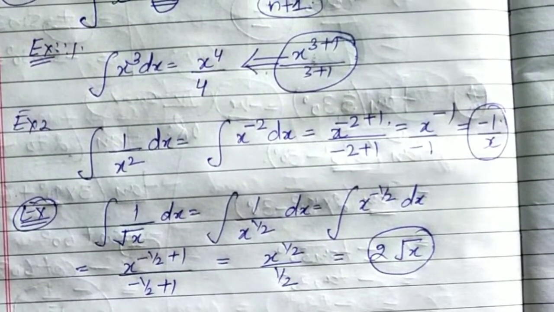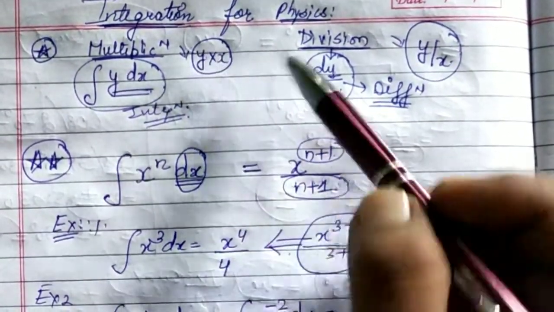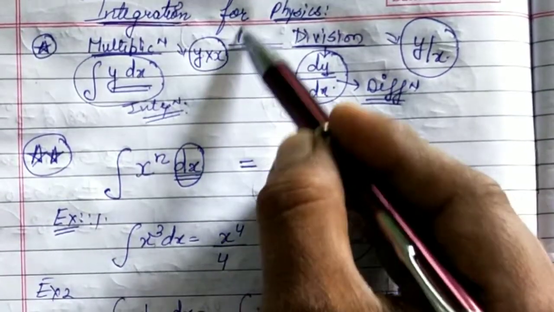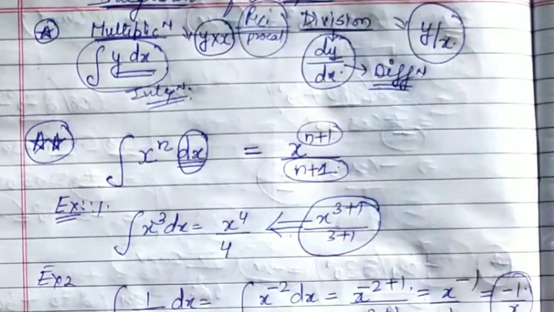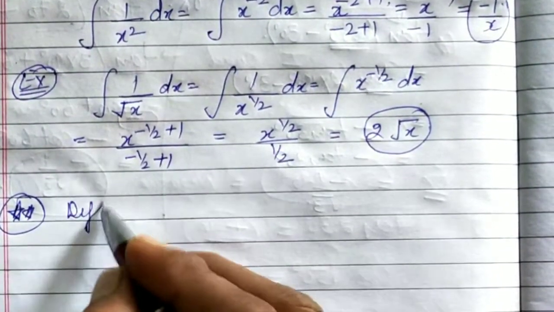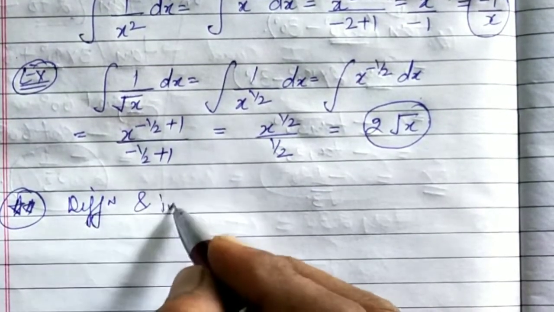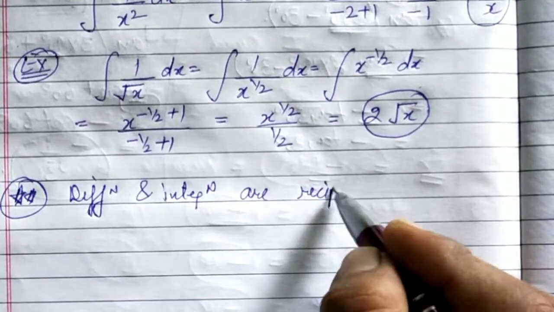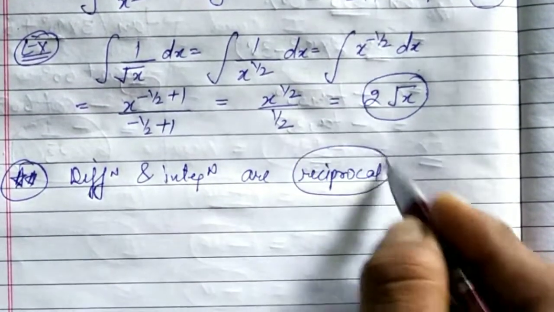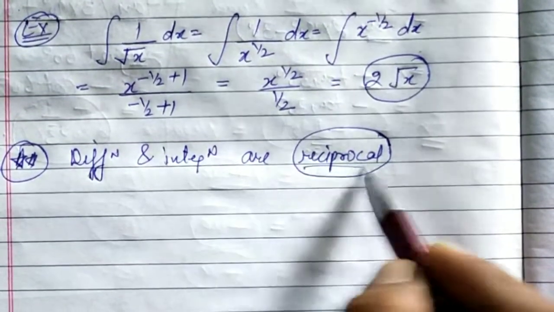Now one more aspect of integration. Like division and multiplication, which are reciprocal of each other, similarly differentiation and integration are reciprocal of each other. Reciprocal is not the right word, but okay, we can make do with this term.